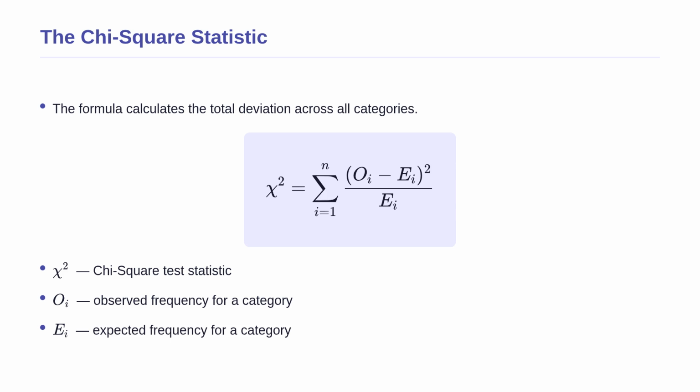E sub i is the expected frequency, the theoretical count you predicted. We subtract the expected from the observed to find the raw difference. We square that difference and then divide by the expected frequency. Squaring ensures positive and negative errors do not cancel out, and dividing standardizes the error based on the category size.